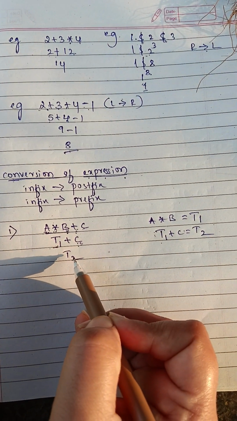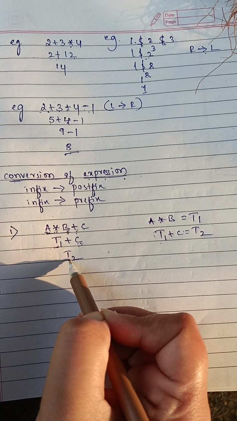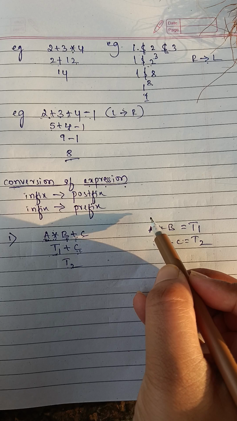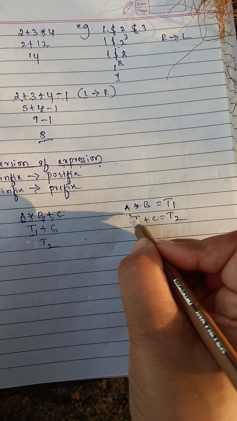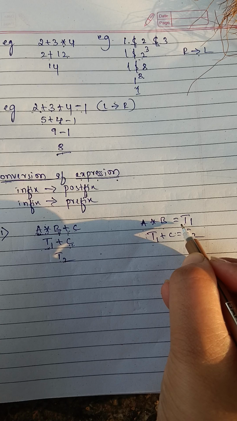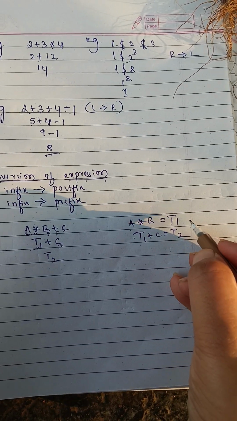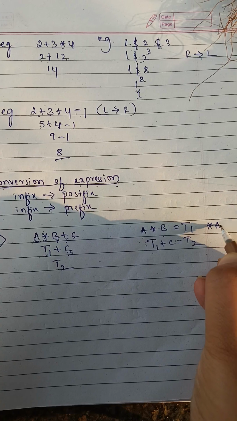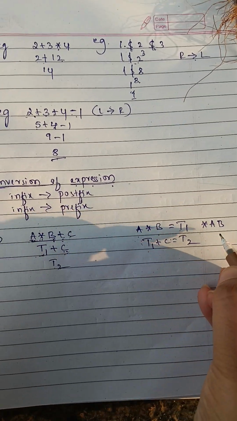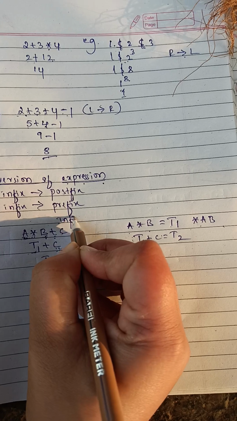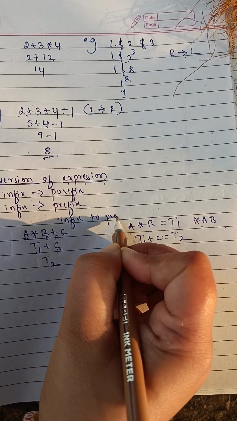Next, whether you are converting this expression to prefix or postfix, how to convert? For a star b, you have put t1. Are you converting it to prefix? Prefix means the operator comes before the operands. So I will convert this infix to prefix.